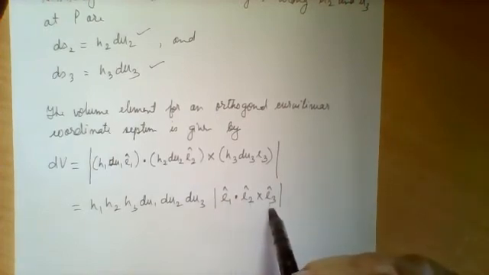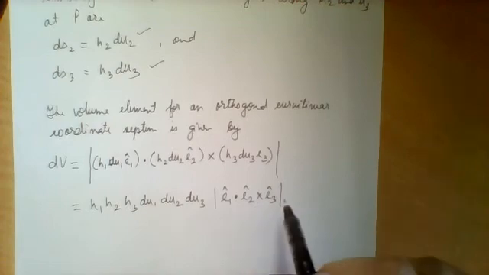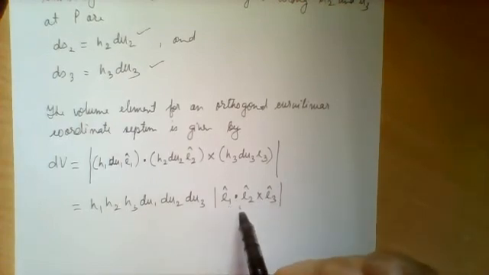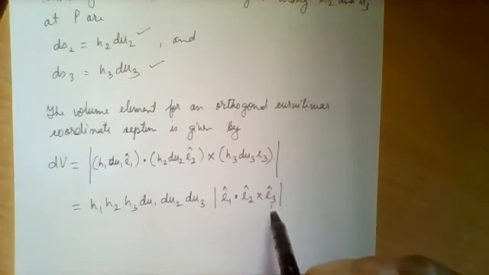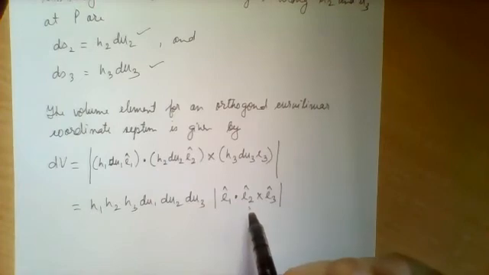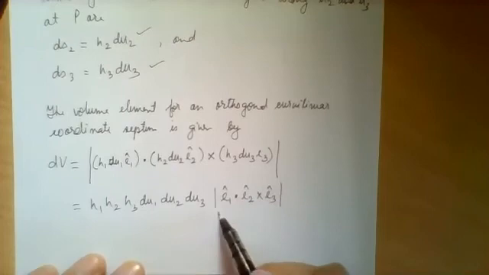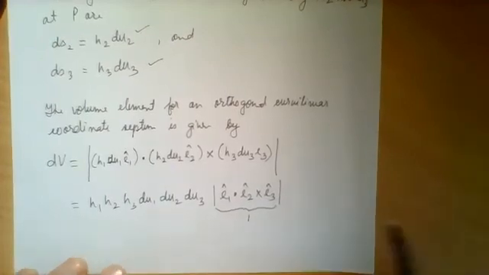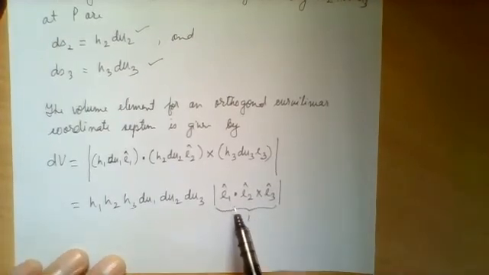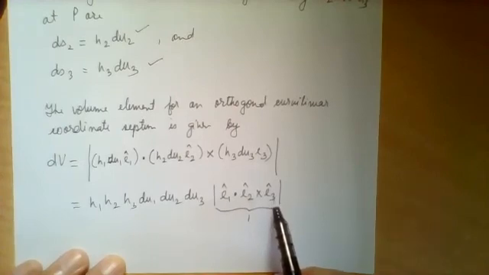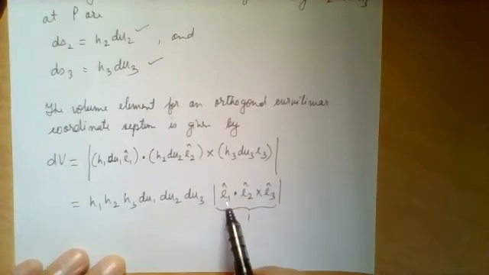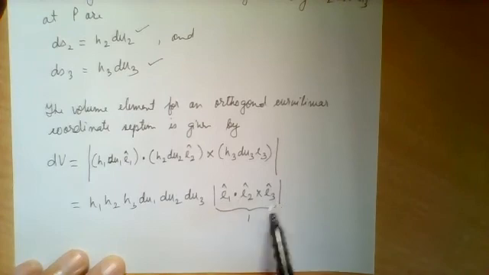Mutually perpendicular unit vectors. So what is the volume of a cube with edge length 1? The volume is 1. Since e1, e2, e3 are mutually perpendicular, these three form a cube.